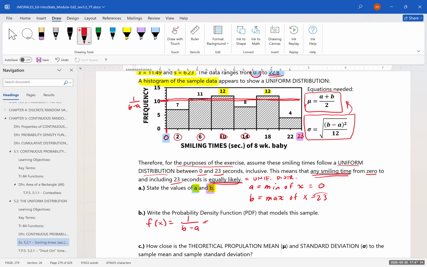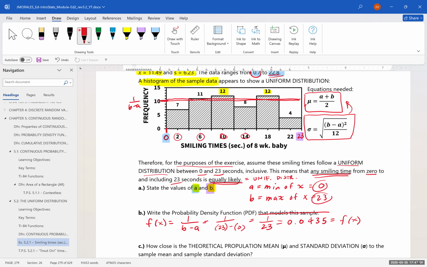So here we said that B was 23 and A is 0. So 23 minus 0 is 23. And 1 divided by 23, just using my calculator, is 0.0435.